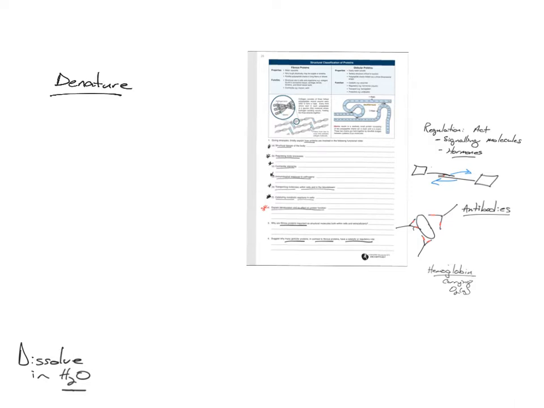Because there's a natural form to the protein, and excessive heat, or salt, or pH, high or low, can all change the shape of the protein.